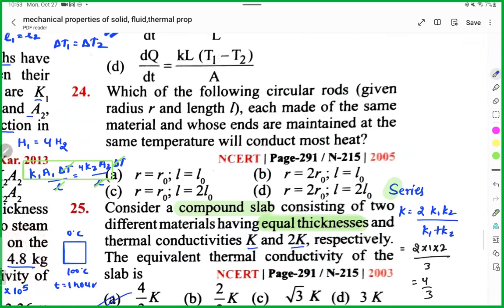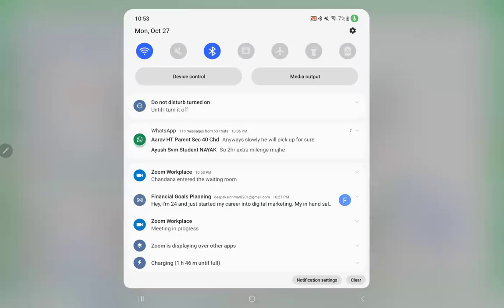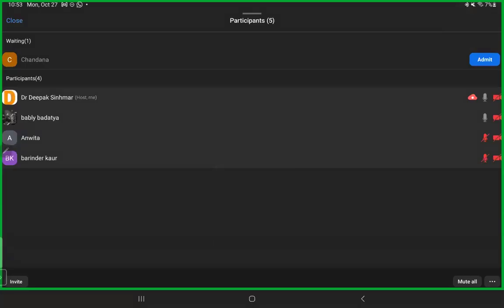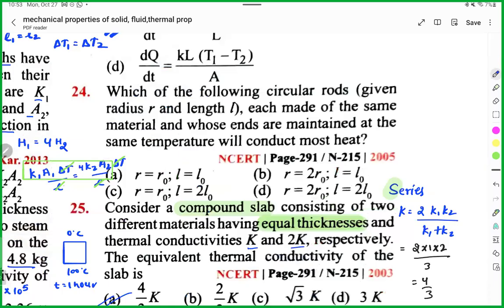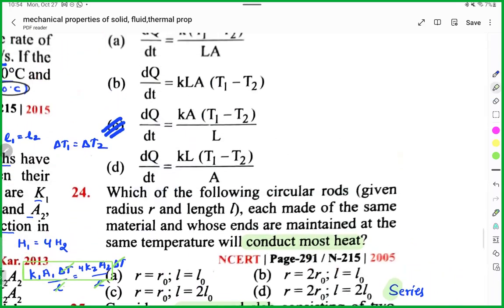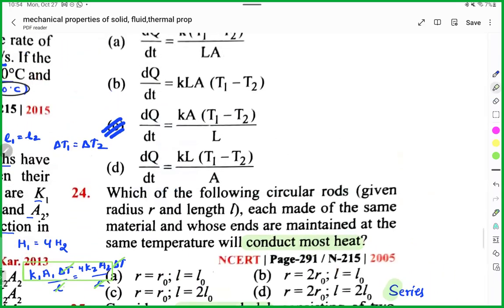Last question, Anvita, 24th. Which rod will conduct maximum heat? The formula is this.